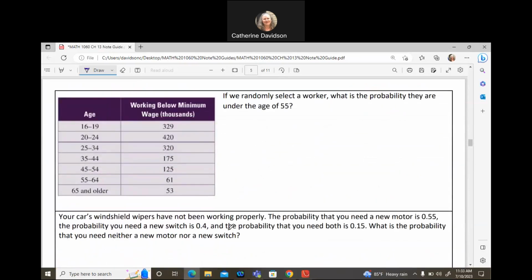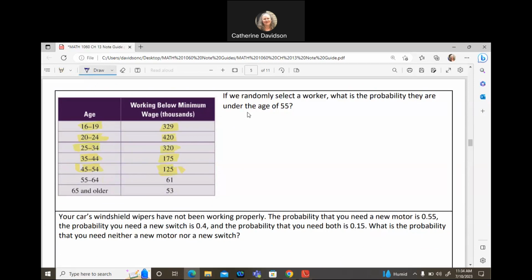If we randomly select a worker, what is the probability they are under the age of 55? So under 55 does not include the 55 to 64 range. Right? So again, you do not include 55 because it says under the age of 55.